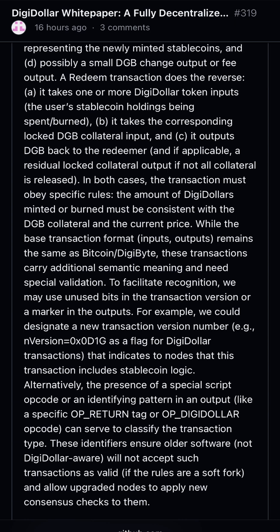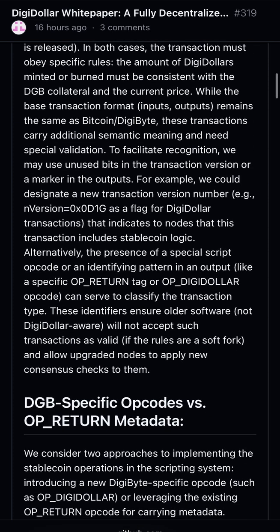While the base transaction format, inputs and outputs, remains the same as Bitcoin and DigiByte, these transactions carry additional semantic meaning and need special validation. To facilitate recognition, we may use unused bits in the transaction version or a marker in the outputs. For example, we could designate a new transaction version number as a flag for DigiDollar transactions that indicates to nodes that this transaction includes stablecoin logic.